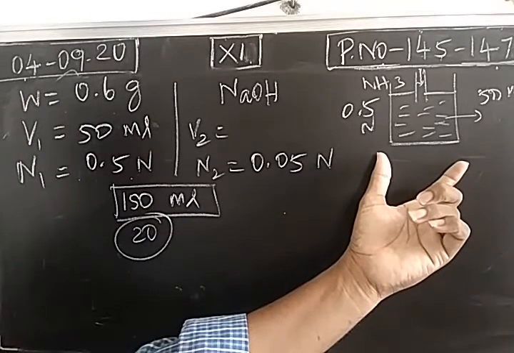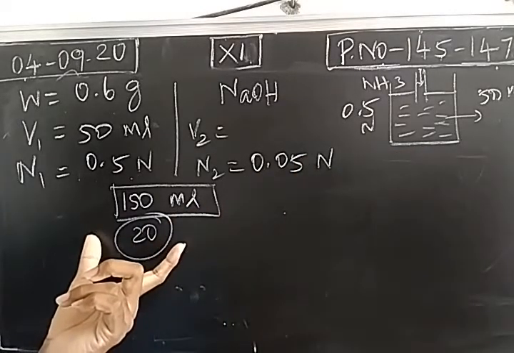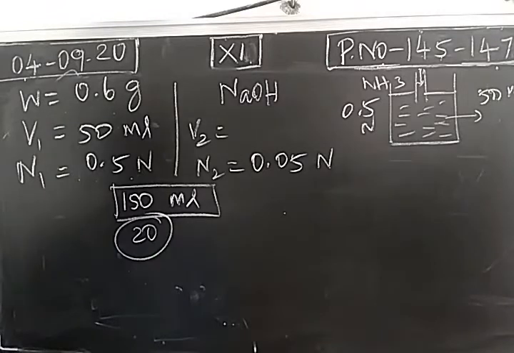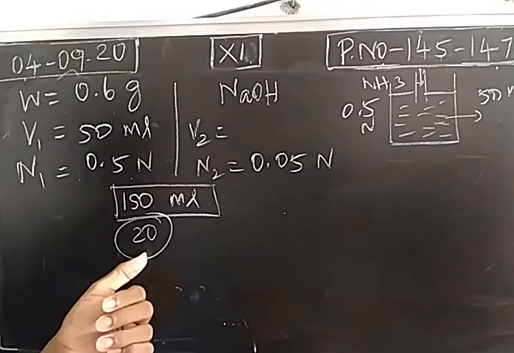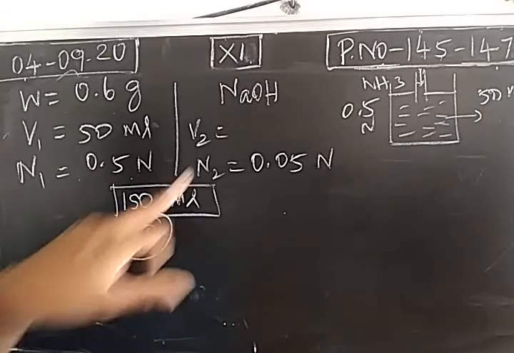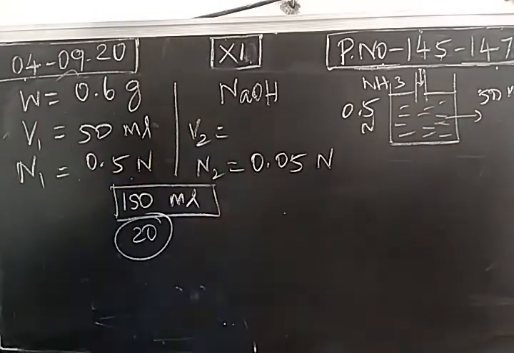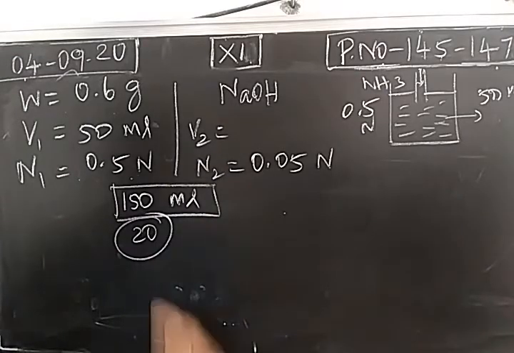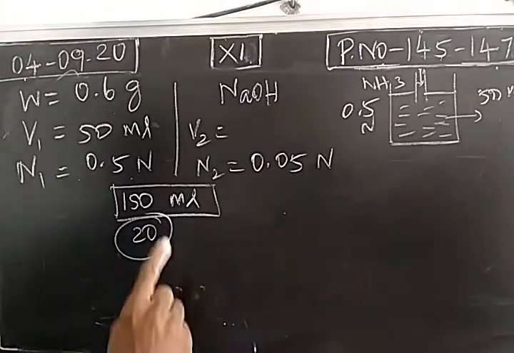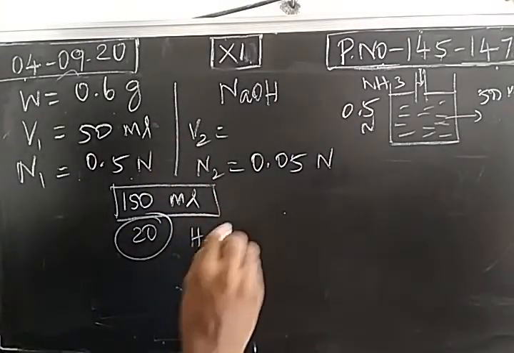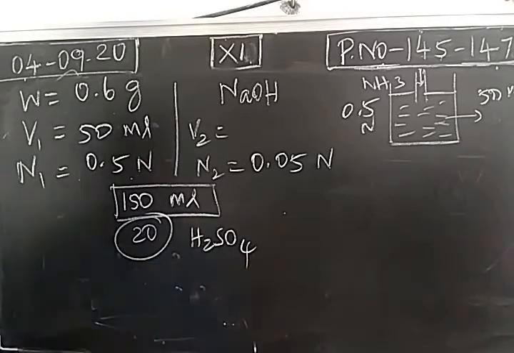From the receiver, we have obtained 150 ml of dilute solution by adding water. From this, we take 20 ml. That means 20 ml diluted sulfuric acid is going to be titrated with sodium hydroxide of 0.05 normal concentration. During this titration, how much base is required to neutralize this dilute sulfuric acid solution?